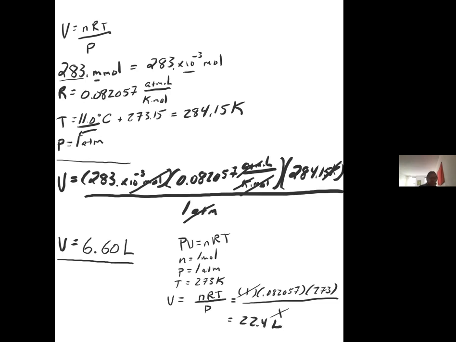That's your answer. It's kind of a classic problem where we take 1 mole of a gas and you put it at a pressure of 1 atmosphere and a temperature of 0 degrees C, 273 Kelvin. That gives you 22.4 liters. That's a number that people remember.